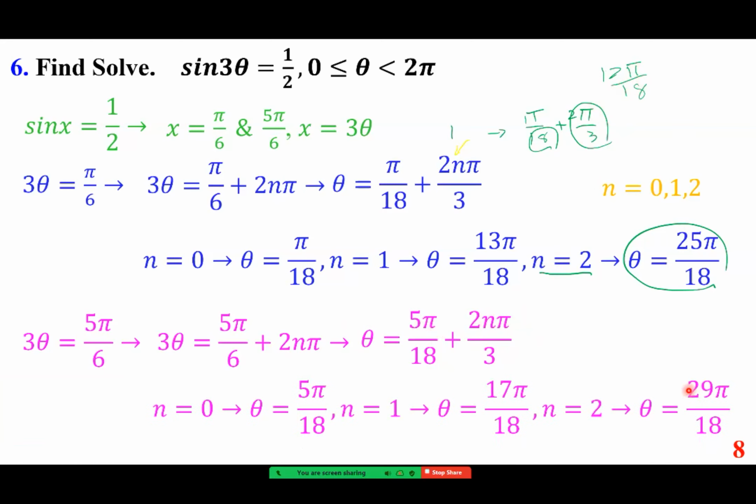And you can figure out the third one when n is 2 as well. So there are 6 answers. Let me just actually put them all in. 1, 2, 3, 4, 5, 6 answers.